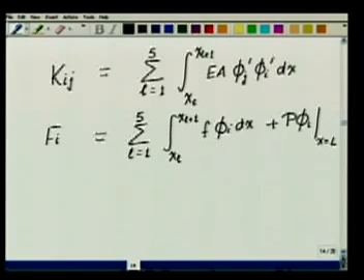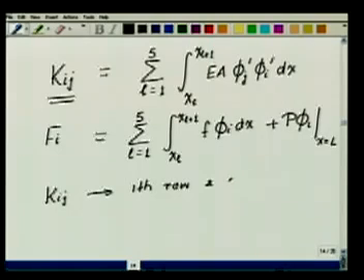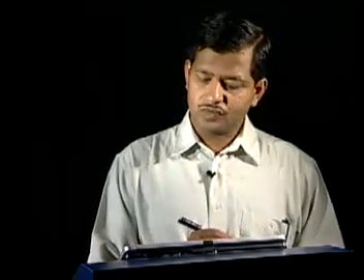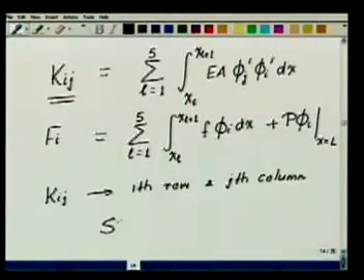Okay, so let's look at this ijth entry carefully. Kij corresponds to the ith row and jth column. One very important feature of the finite element method is that this matrix K is not fully populated. It means that many of the entries of the K matrix are going to be 0. That is, K is sparse.